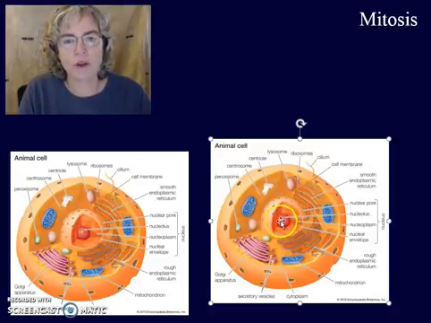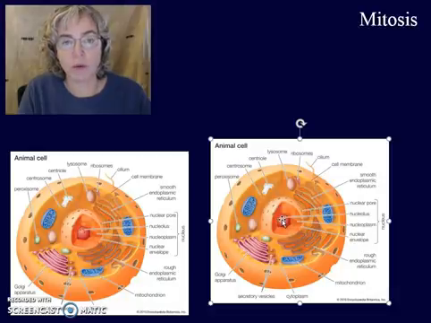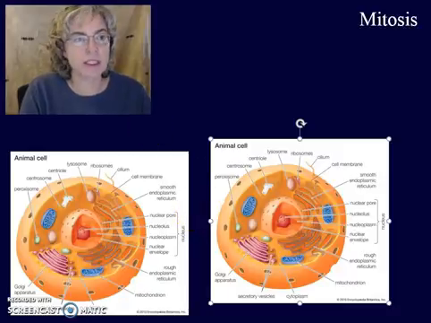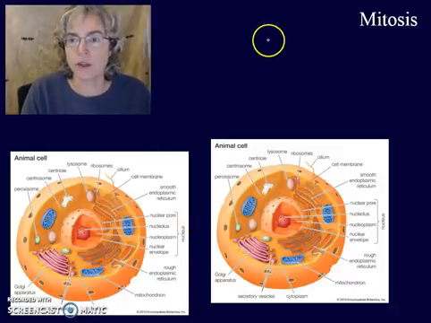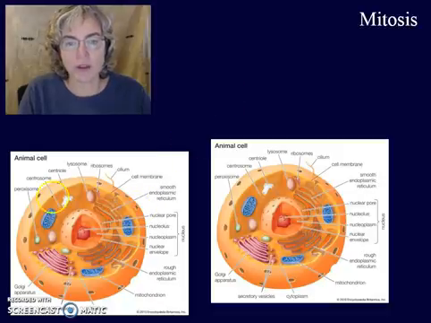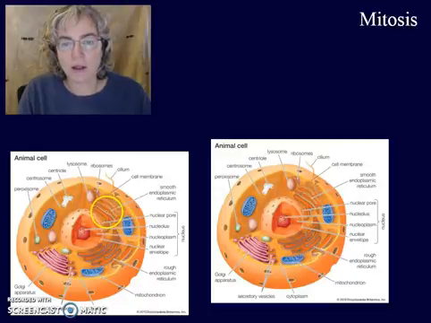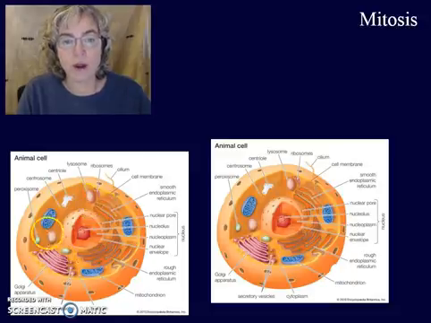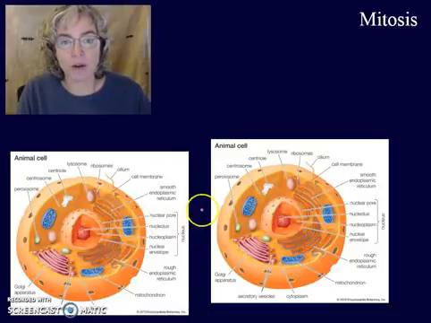So to grow, so that zygote could grow into a multicellular organism. You want to reproduce cell division. You want to divide the cell membrane. You want to divide the mitochondria, the endoplasmic reticulum, the centrioles. You want to have the same number of each in both daughter cells.